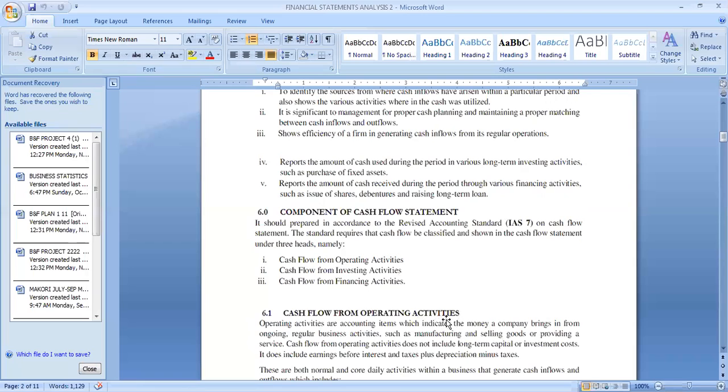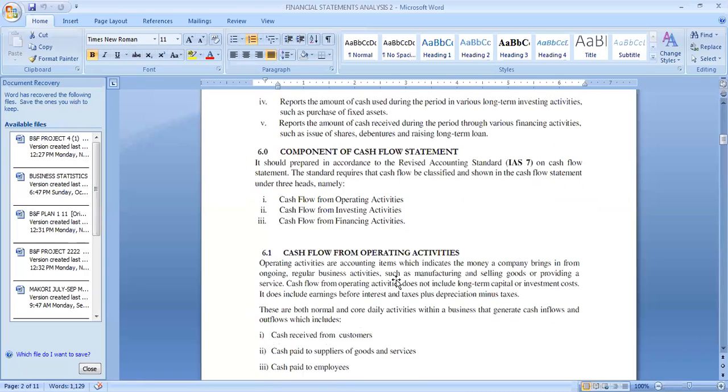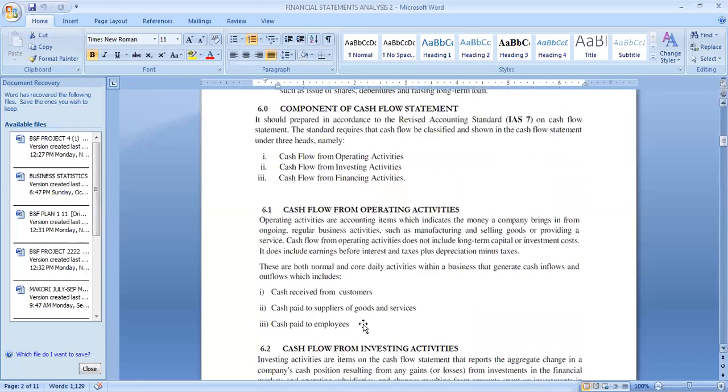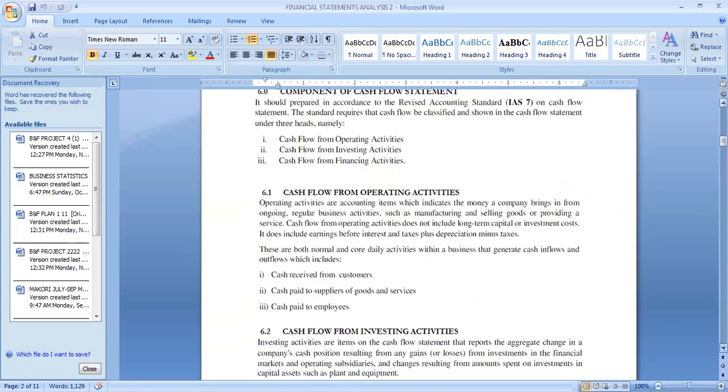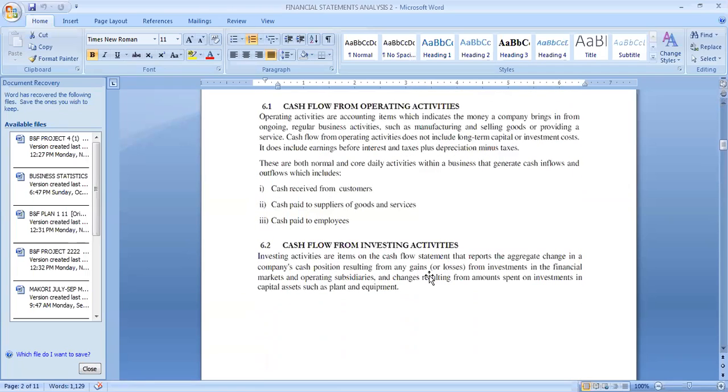So operating activities are accounting items which indicate the money a company brings in from ongoing regular business activities. The key word here is regular, and examples are cash received from customers, cash paid to suppliers, cash paid to employees. Those items are regularly undertaken in the business.